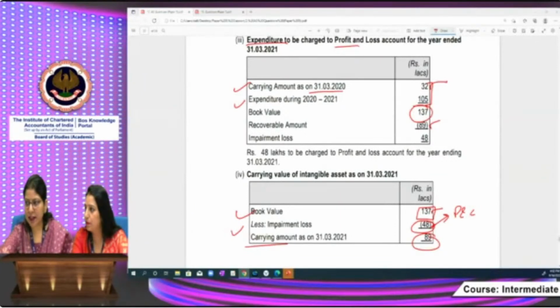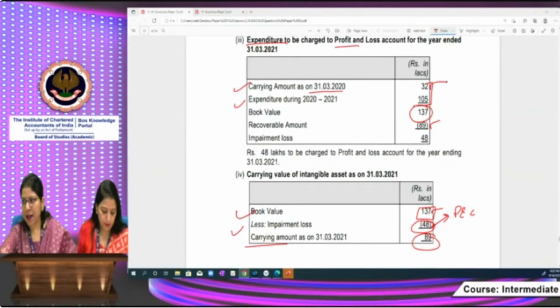One student is asking about AS 22, so let us explain it before taking another standard. He is asking about unamortized preliminary expenses in tax, what is the treatment?